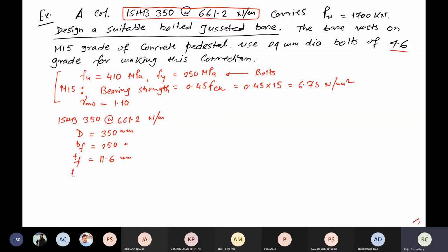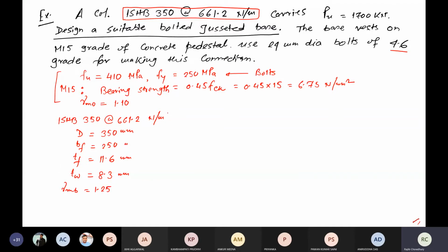The web thickness is 8.3 mm. And the other factor, gamma mb, you know already, is 1.25.